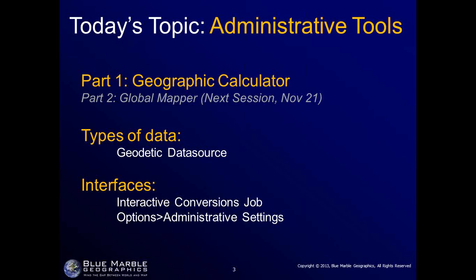The interfaces we're going to be looking at are primarily under the options menu, the administrative settings panel, and we're going to see a little bit of how that applies using an interactive conversions job. And again, in 2 weeks, we're going to be coming back for part 2, which is going to see how all of these tools show up over in Global Energy Mapper. So that's pretty much how we go today.